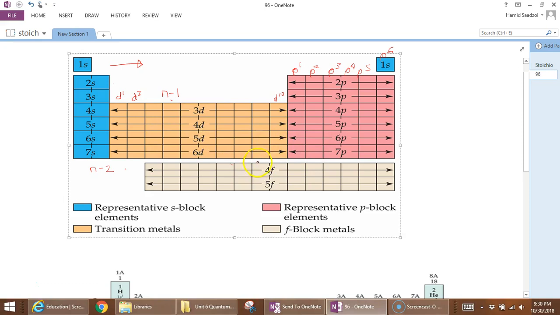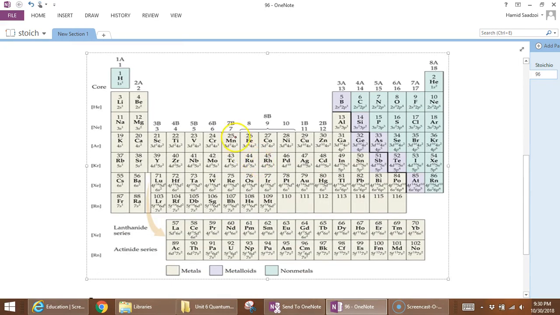So let's look at some examples to see if we can make more sense of it. So here's a periodic table. And you can see from this, once again, this is all S1s, these are all S2s. This is P1, P2, P3, P4, P5, and P6. So that's going from left to right. We're going to look at an element.